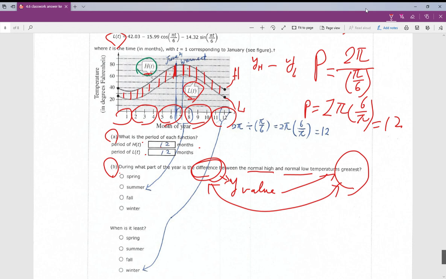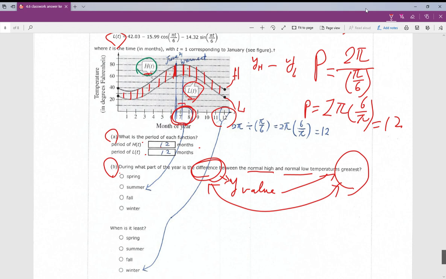So the biggest difference will be in the summer. Did I say the summer? When is summer? Summer starts from what? So definitely this is summer, right? July. Is June summer or spring?